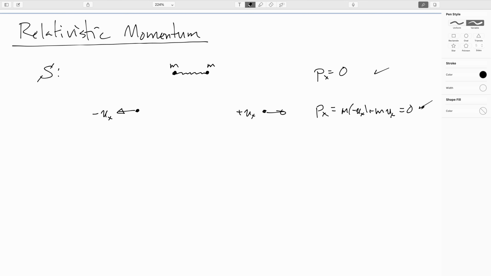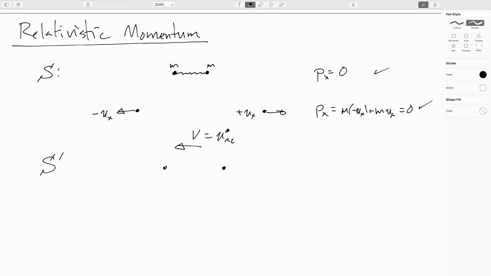Now, will S prime say that momentum is conserved? In the Galilean transformation, they totally would have, but now we run into a problem. Because if we do this, let's just go to a frame where S prime is moving to the right, seeing everything move to the left at ux prime.